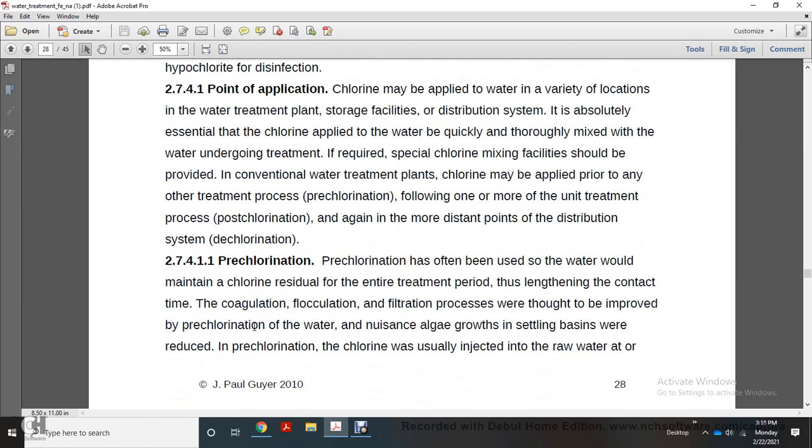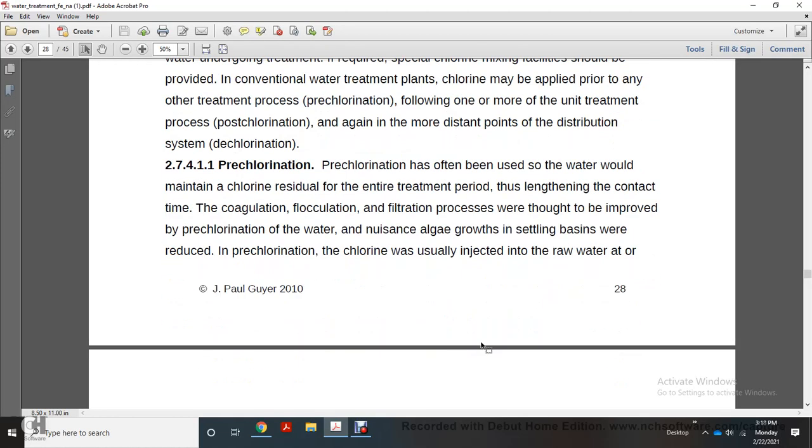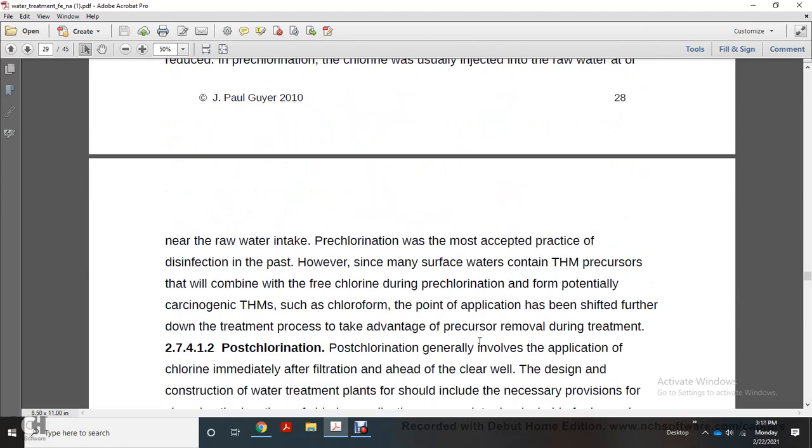Pre-chlorination has often been used. The water would maintain a chlorine residual during the entire treatment period. The length of the contact time, and the coagulation, flocculation, and filtration processes were thought to be improved by pre-chlorination of the water. Nuisance algae growth in settling basins was reduced by pre-chlorination. The chlorine is usually injected into the raw water near the raw water intake.